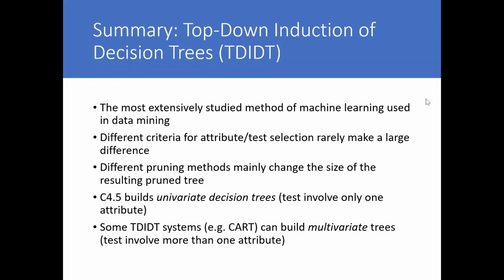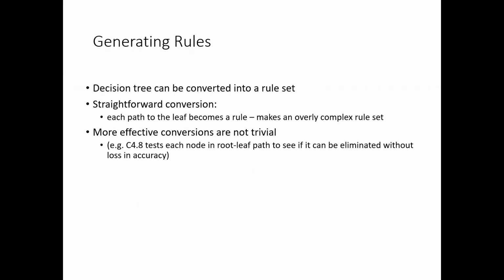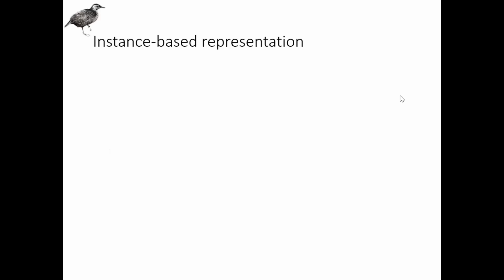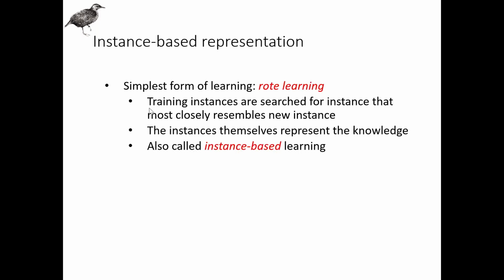The next one, I would like to discuss two more algorithms. The first one is what we call instance-based representation. The difference from the previous one is that it will not create a model. Simply, it will store the instances themselves.